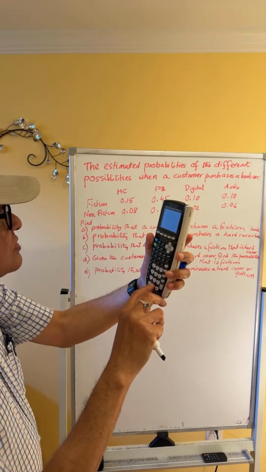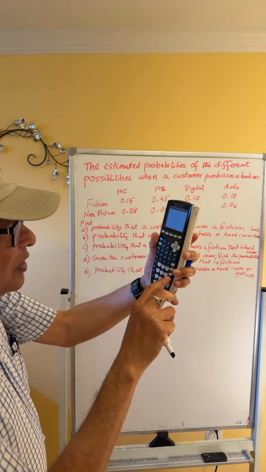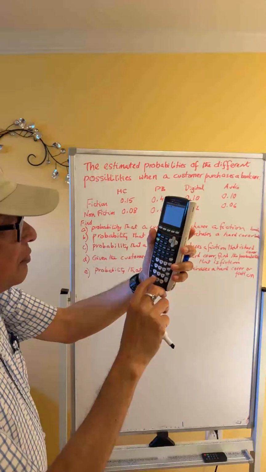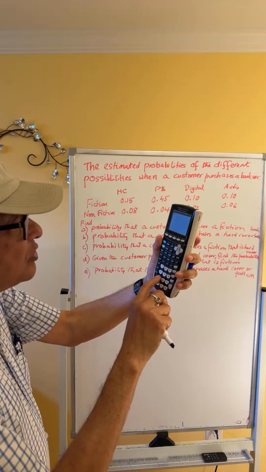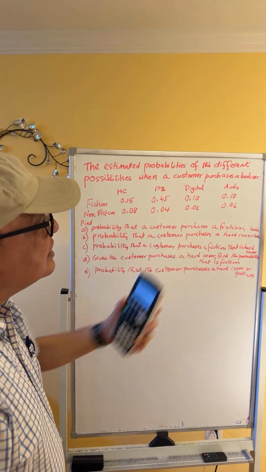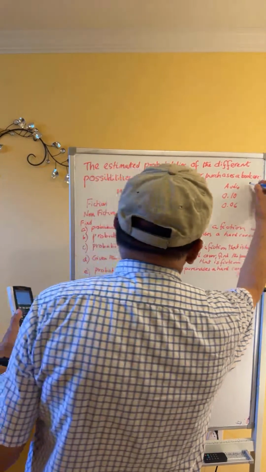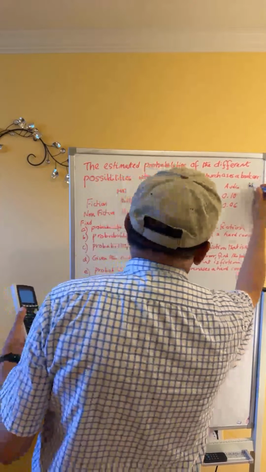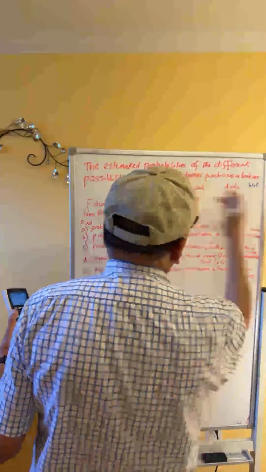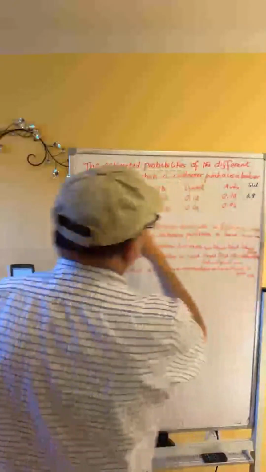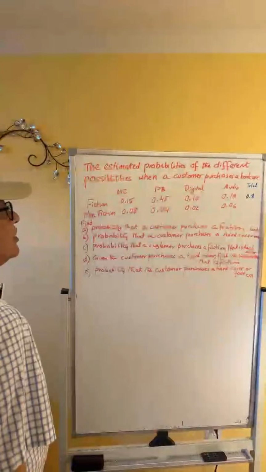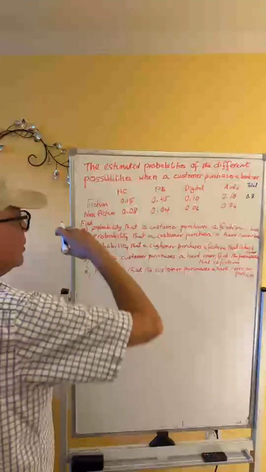So it is 0.15 plus 0.45 plus 0.1 plus 0.1. That is equal to 0.8. So I make a separate column of the total of the rows. First row total is 0.8. I added the four numbers in the top row.